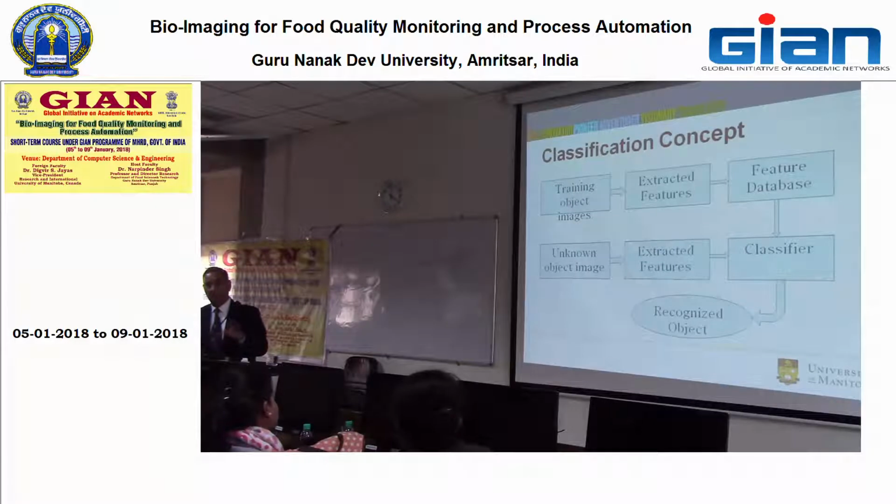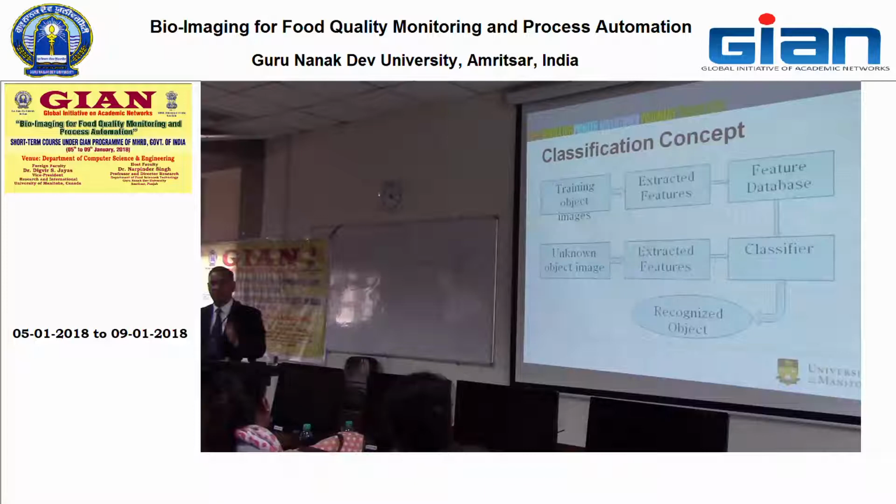In terms of the amount of work required when developing a system, I would say probably 80 to 90% will go into extracting features, and 10 to 20% into developing the classifier. Putting the system together is a very small amount of work, because you buy the camera, you put it together, you start, and then collecting samples falls under extracting the features of the training set, because the training set is very important for the development of the classifier.